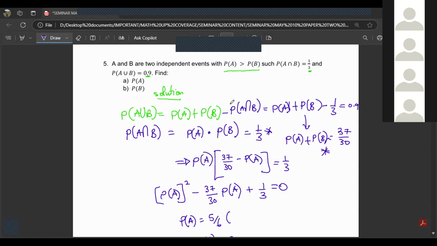Events that have no intersection are called mutually exclusive events. If two events are mutually exclusive, it means they can't happen at the same time. For example, the sun rising and the sun setting can't happen at the same time. So those two events are mutually exclusive, and their intersection is 0.